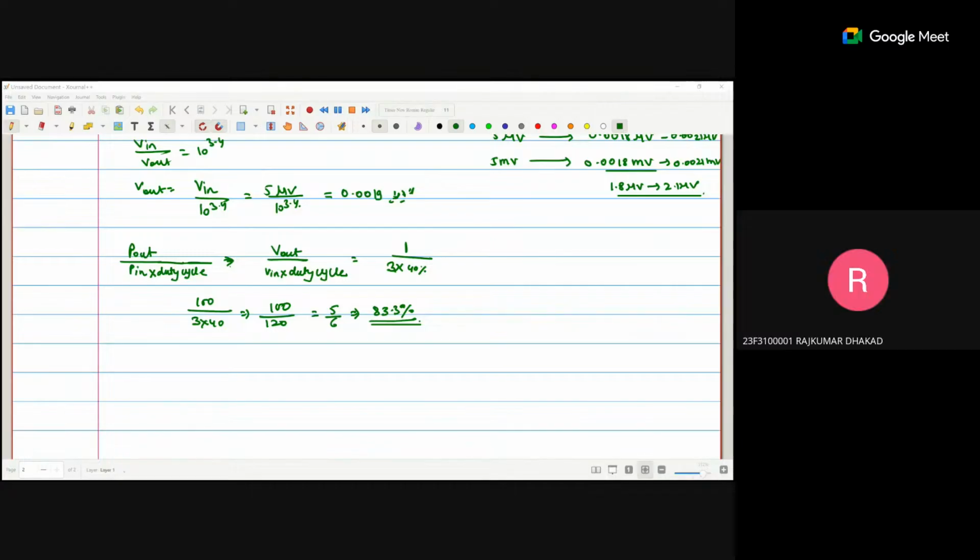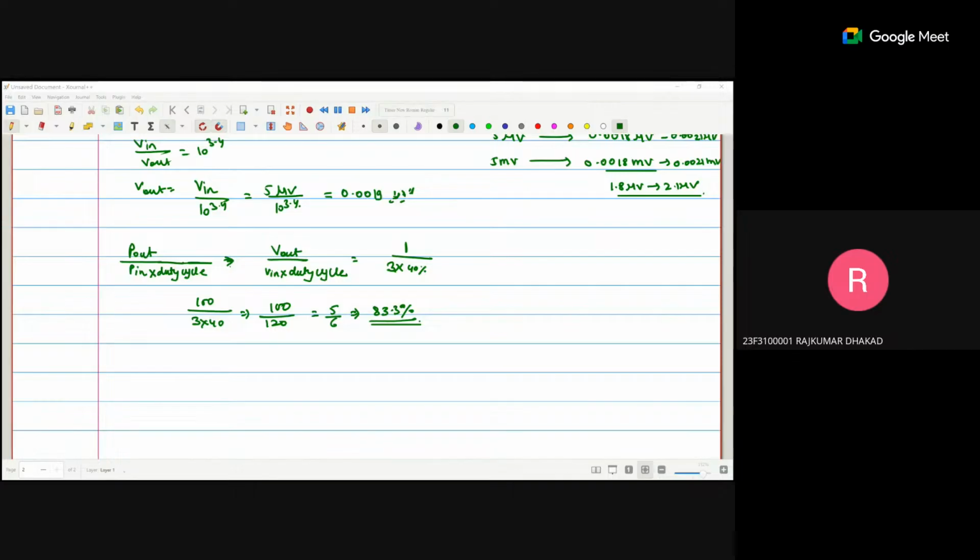Yes, that is understandable. But for the output, it is 1 volt for 2 milliseconds and for 3 milliseconds it is 0 volt. Then the output will consume less power in terms of current. Then we take the duty cycle because it is with respect to the input signal. Yes sir, but why not for the output?